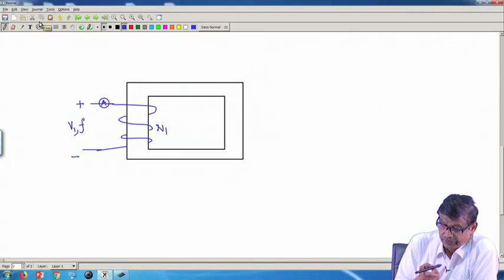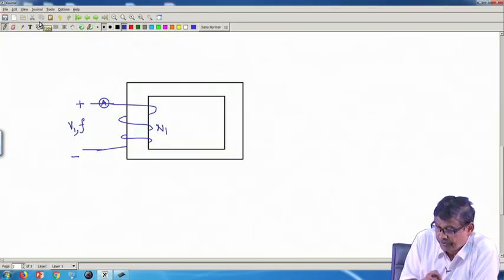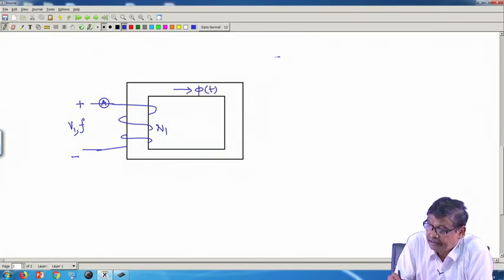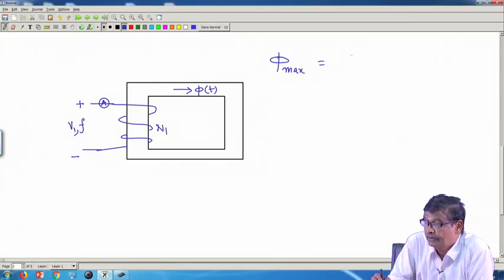The answer to that question: you have applied V1 and f, so this will be a time varying flux, and the peak value of the flux is phi max, which is equal to V1 by root 2 pi f N1.